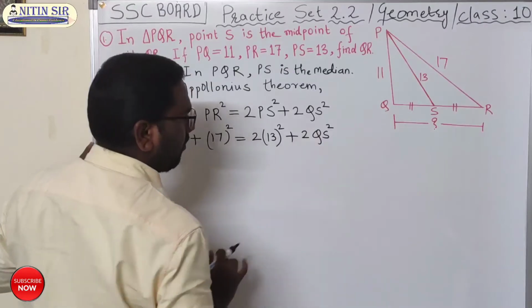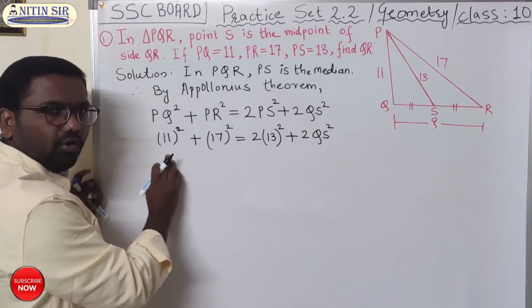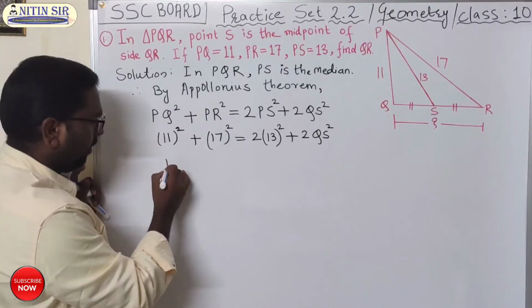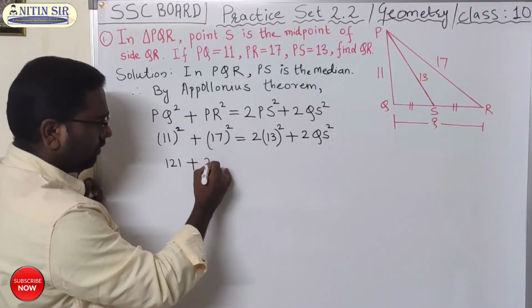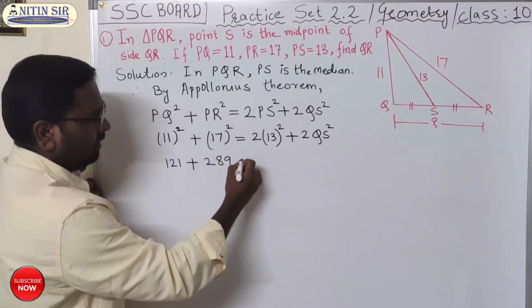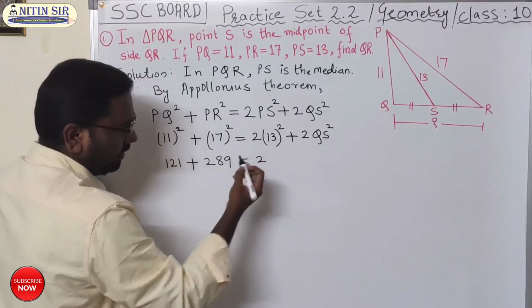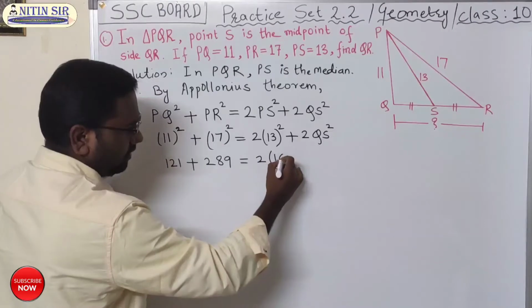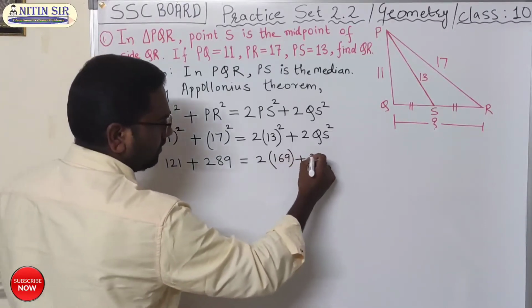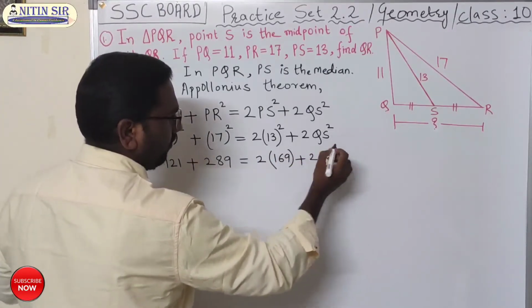First we will find QS square. Now 11 square, you all know what is the square of 11? 121 plus 17 square, 289, is equal to 2 as it is. What is the 13 square? 169 plus 2QS square.